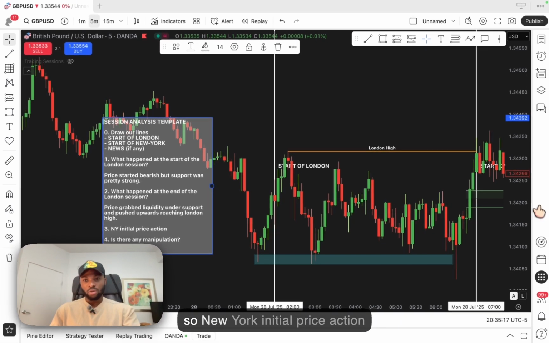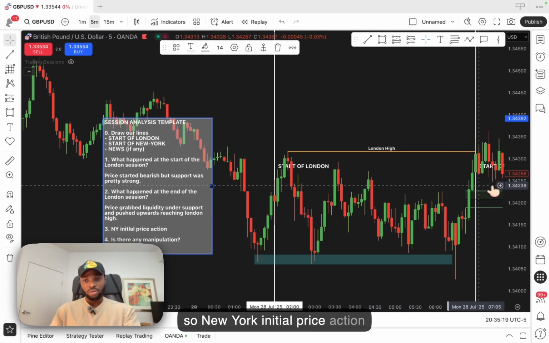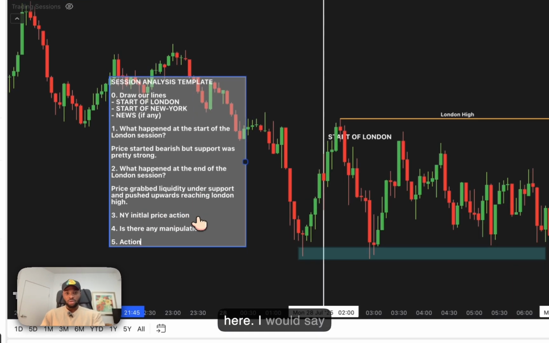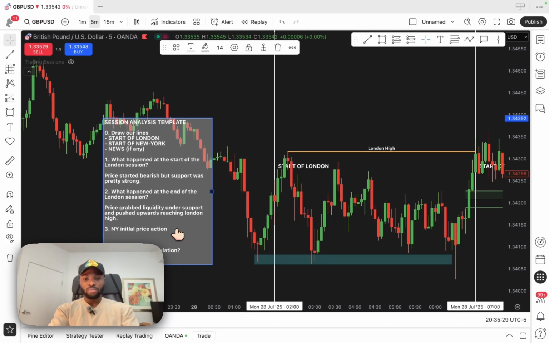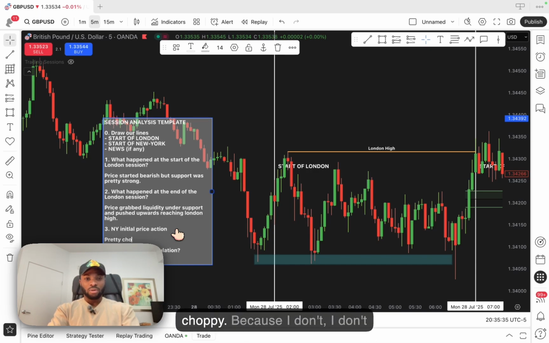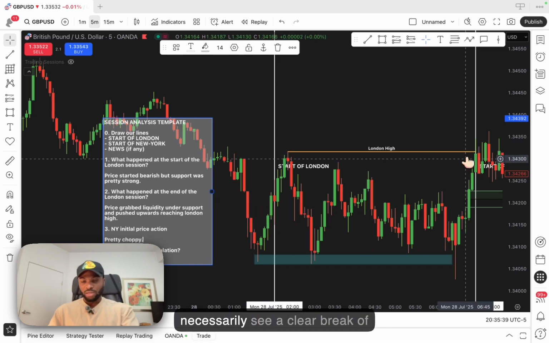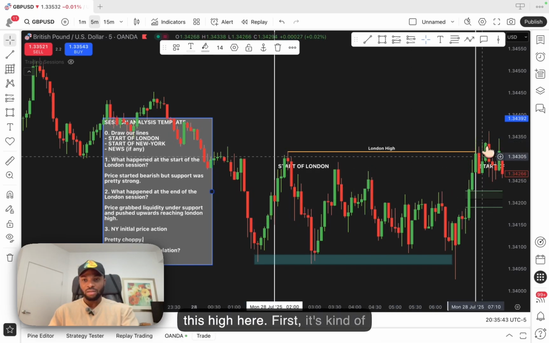Okay, so New York initial price action from 7 to around 7:40 here, I would say pretty choppy, because I don't necessarily see a clear break of this high here.